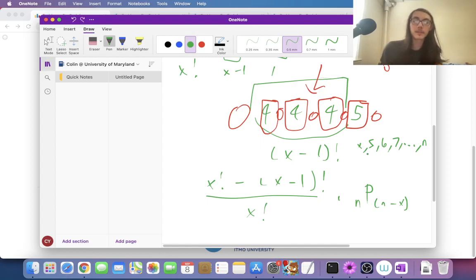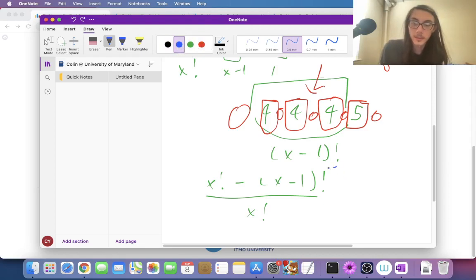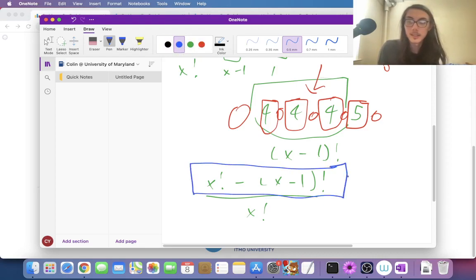Oh, wait, okay. I'm thinking about this wrong. My bad. This quantity is the number of permutations we have that works among these. Then we multiply that by n minus x minus 1, I think, so that it starts at x plus 1 and goes on.